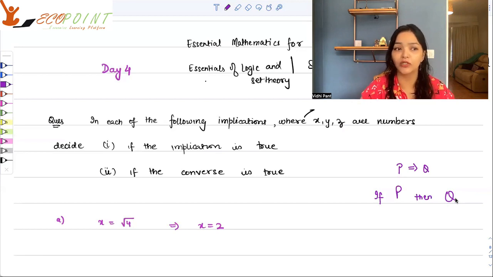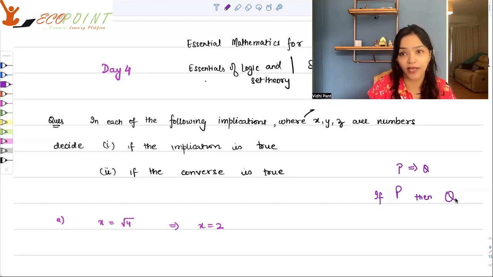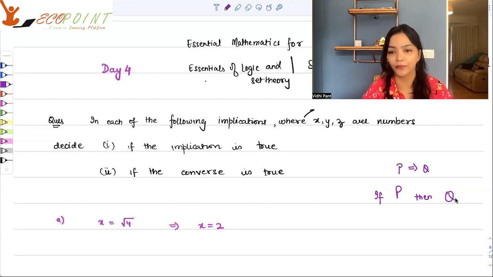In fact, an implication is always true, except for one place, where your hypothesis, that is P, occurs, but the result that you're expecting is not the same. So Q fails. P happens, but Q does not happen. That's the only scenario where an implication fails. Or in other words, P does not imply Q.